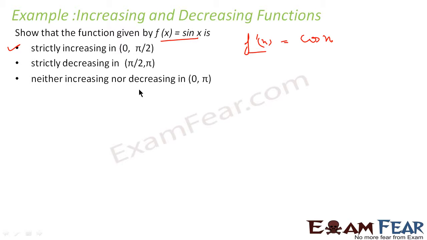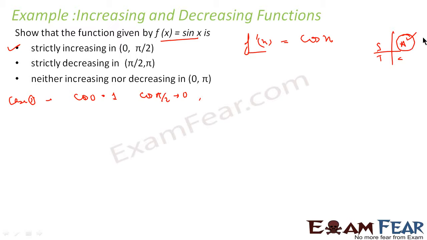I'll take case 1. You take cos 0, 1. Cos pi by 2, 0. You take any value of cos from 0 to pi by 2. Because if you see this graph of sine, tan, cos, here everything is positive.